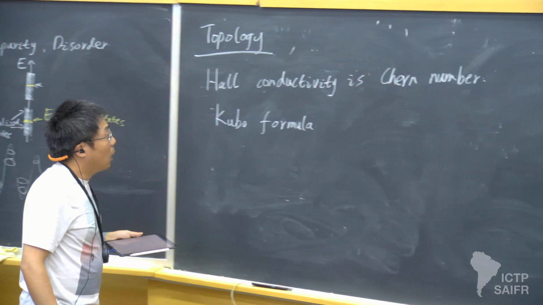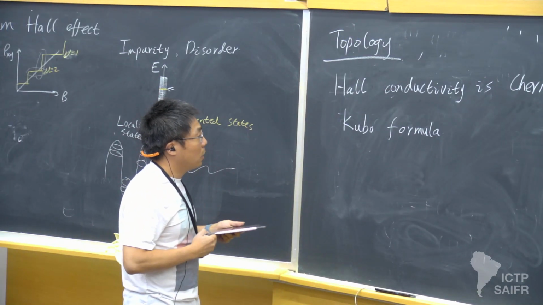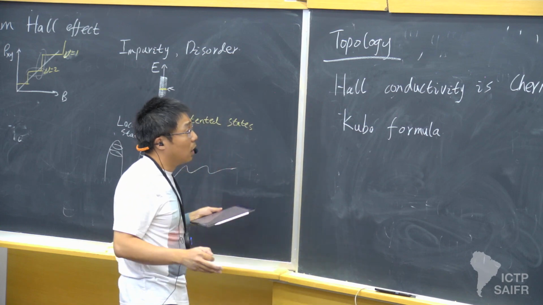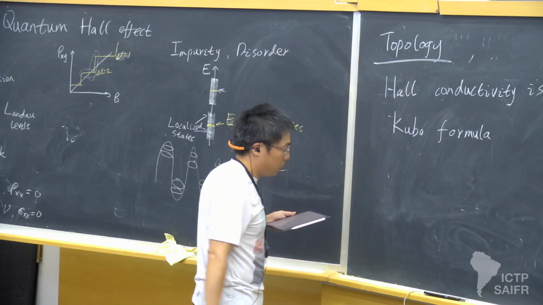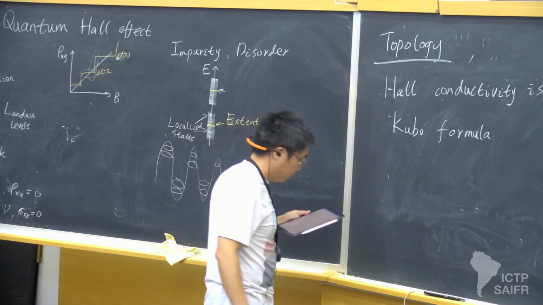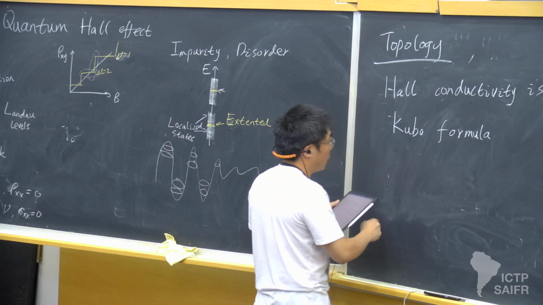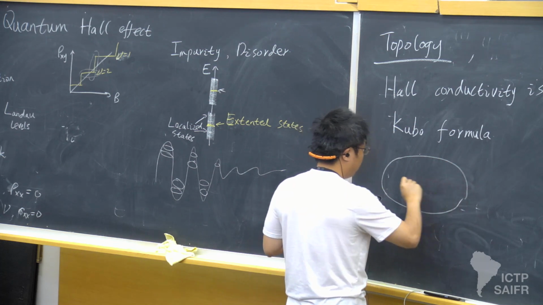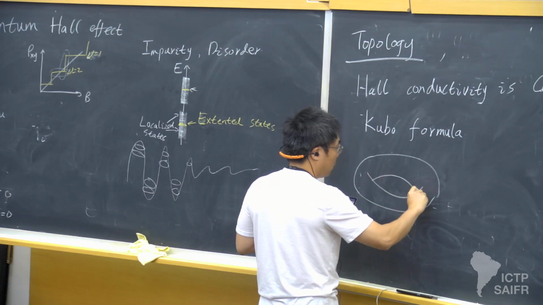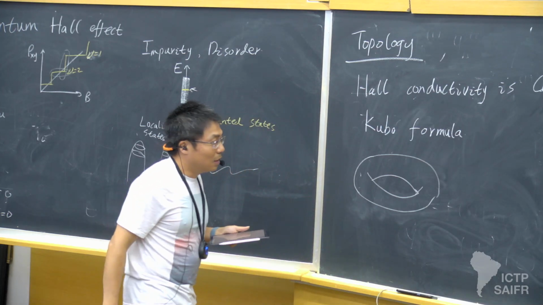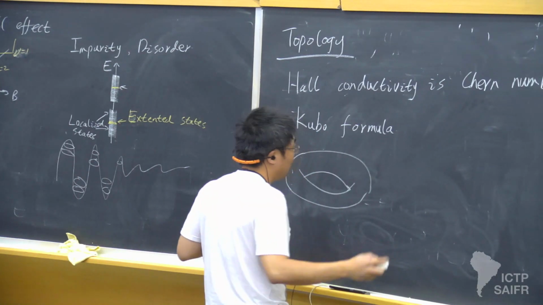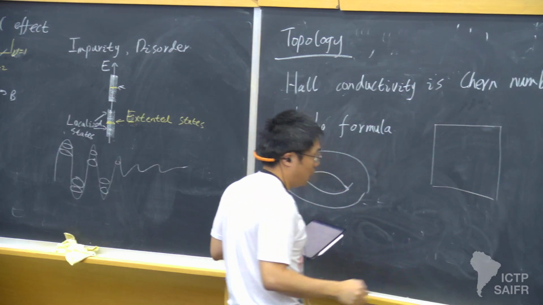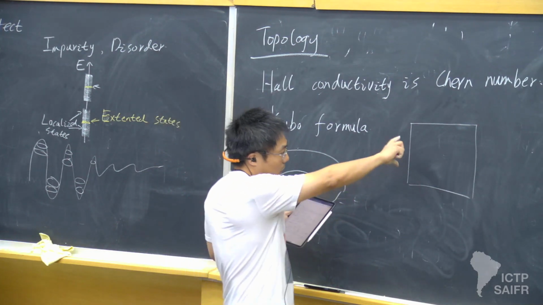Okay, so I'm going to directly give you the way to compute conductivity and how to relate it to the Chern numbers. I'm going to consider a torus geometry. That's really just a donut, and it's closely related to the geometries that we considered at the beginning when we solved the Landau levels, the rectangle geometry.